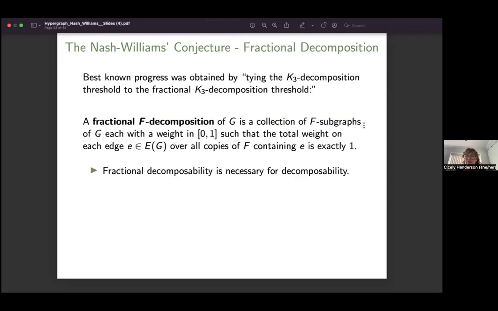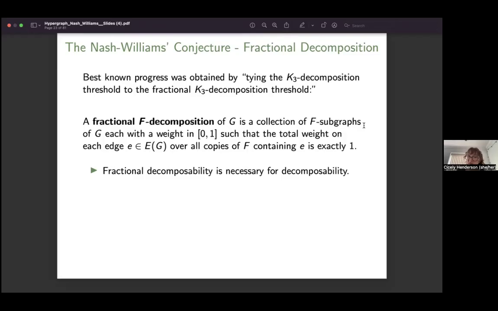Now, in terms of progress on the Nash-Williams conjecture, the best known progress was obtained by what we'll call tying the K3 decomposition threshold to the fractional K3 decomposition threshold. A fractional F decomposition is a collection of F subgraphs of G, each with a weight between 0 and 1, such that the total weight on each edge of G over all copies of F containing that edge is exactly 1.